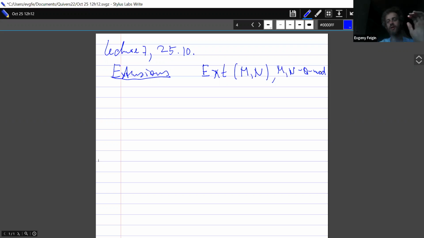Let's start with the more computational one, since it's related to the projective resolutions we studied last time. Recall that for a Q module M, we have a short projective resolution.